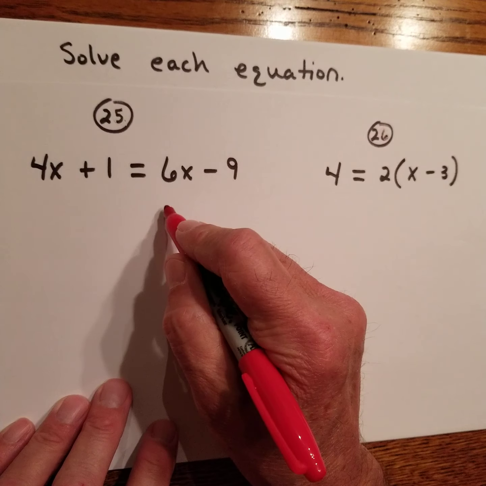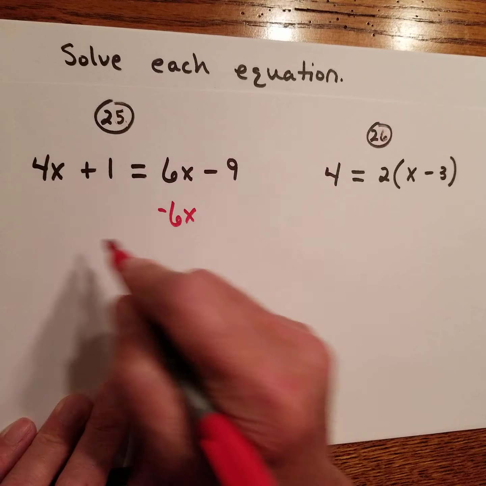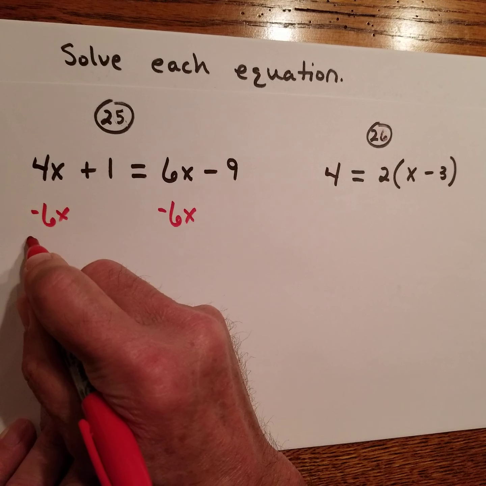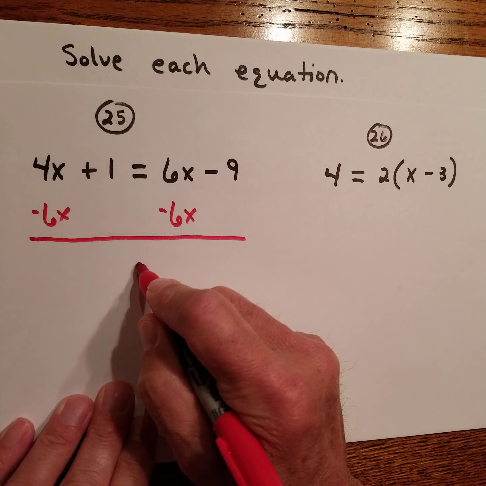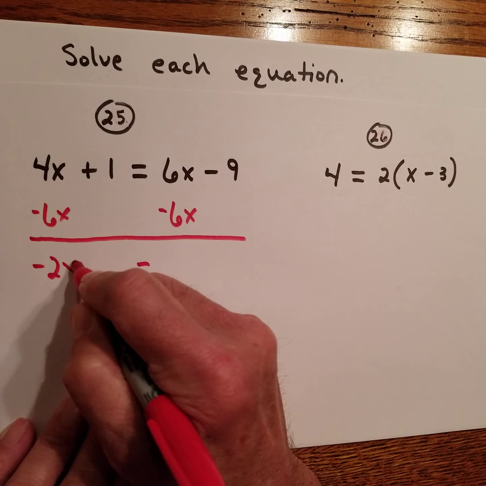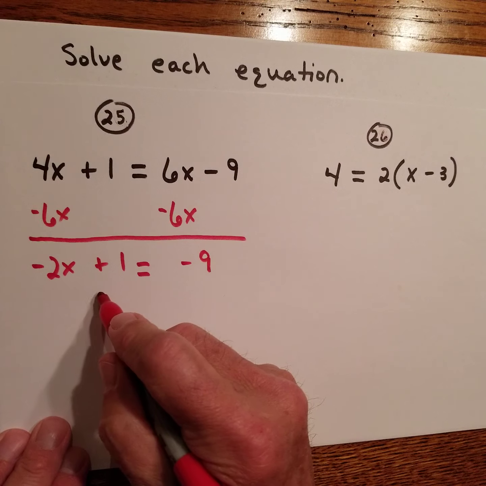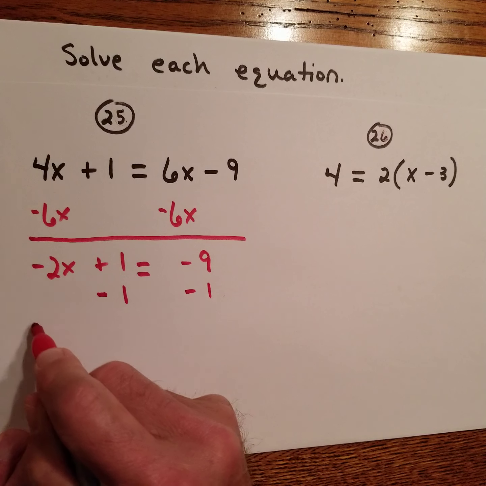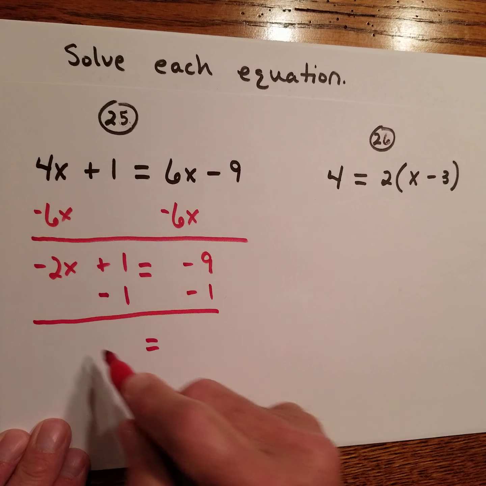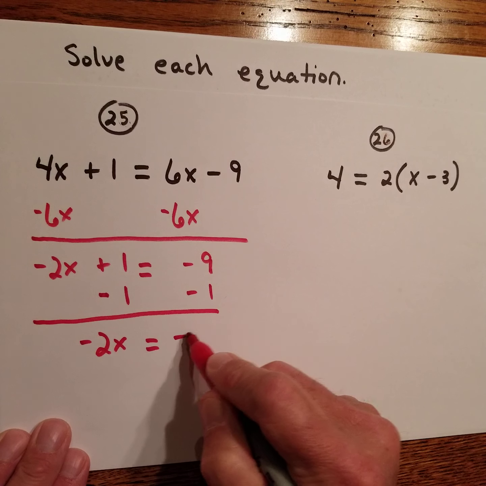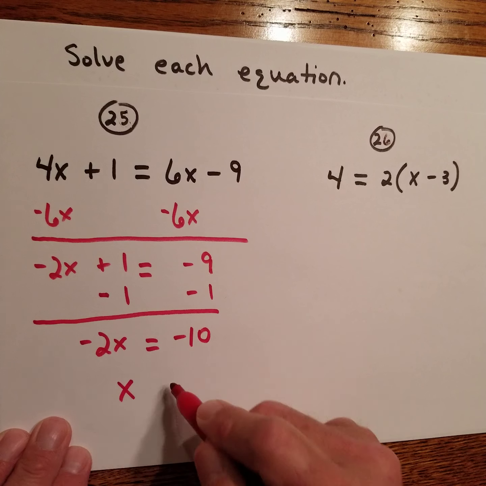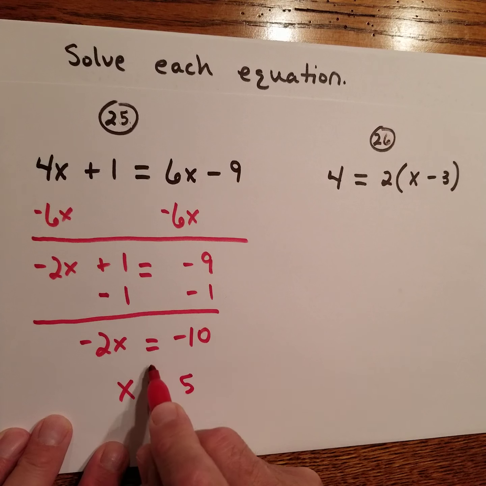I don't want the 6x on the right side of the equal sign. That's what I'll move first. The inverse of addition is subtraction. And when I divide 2 negatives, my answer is a positive.